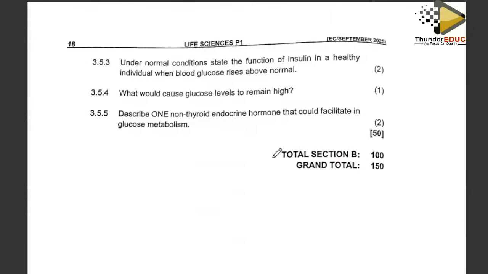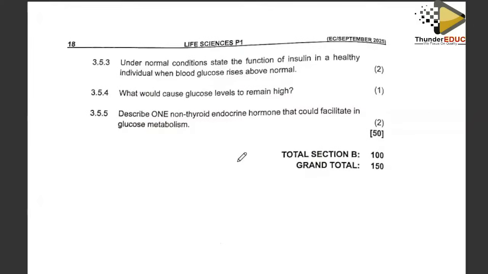Describe one non-thyroid endocrine hormone that facilitates glucose metabolism. Here the answer is simple. That is adrenaline. If you go to the distinction material book, we also explained about that. We put some questions there.